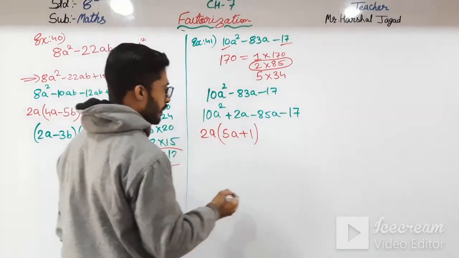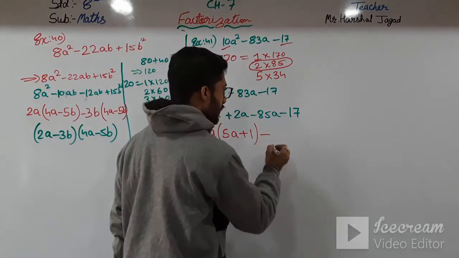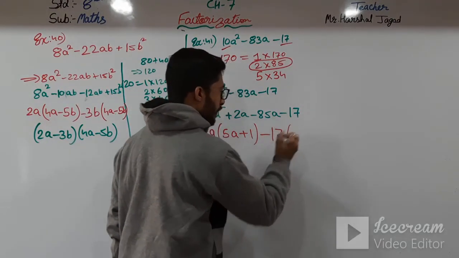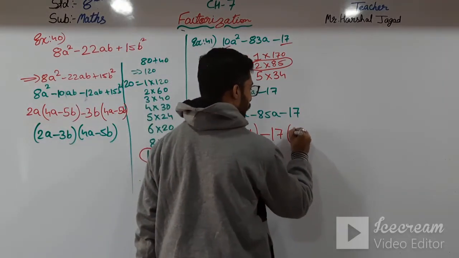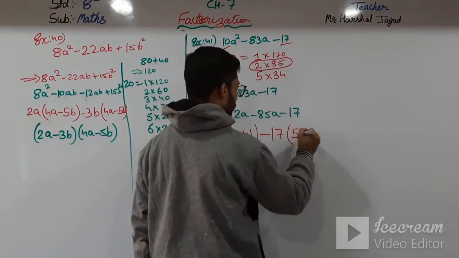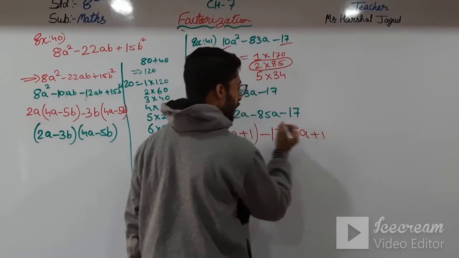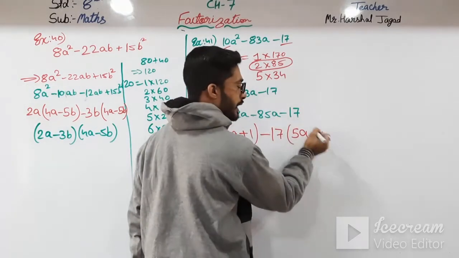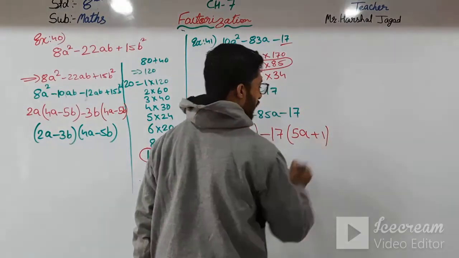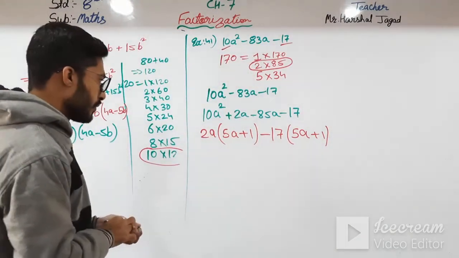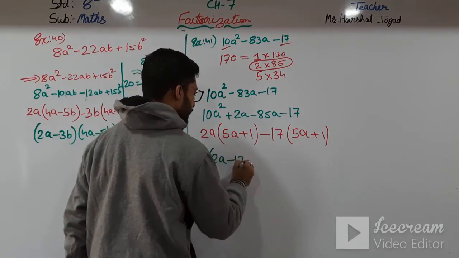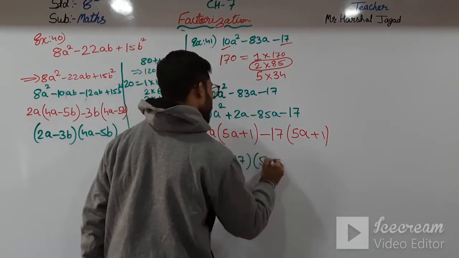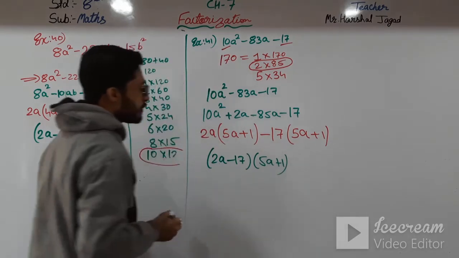Then we will take minus 17 as common, so 17 5s are 85a plus 1. Why? Because minus, it will be plus, since here we have taken minus as common. So our two brackets are 2a minus 17 and 5a plus 1. So this is our answer.